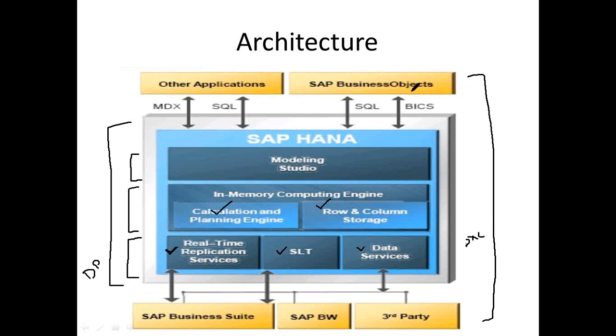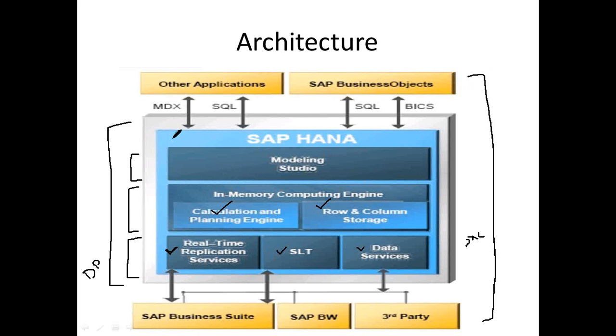Alright, in tomorrow's session, once we understand what we have in this major engine, the in-memory computing engine, I am going to cover what happens at the database layer. Once you move data into SAP HANA, how is it processed? What are the different layers? Though we call it the HANA server, it is not one single server.